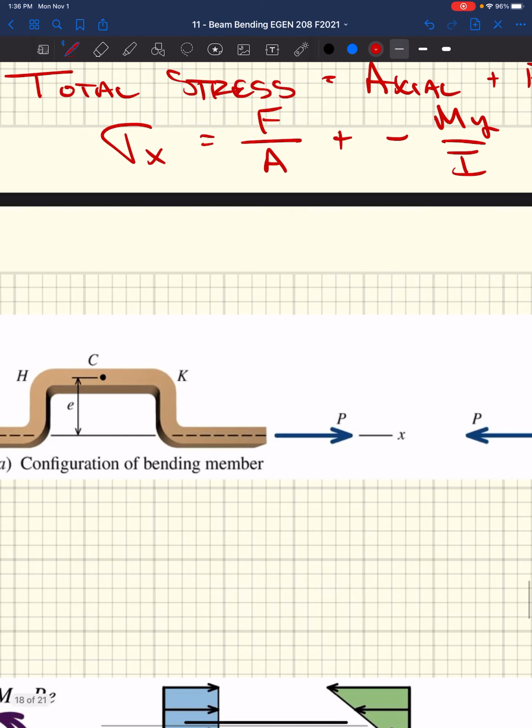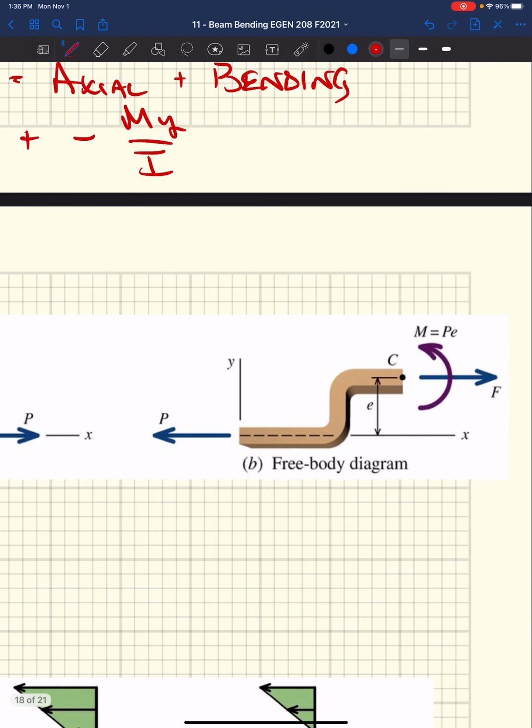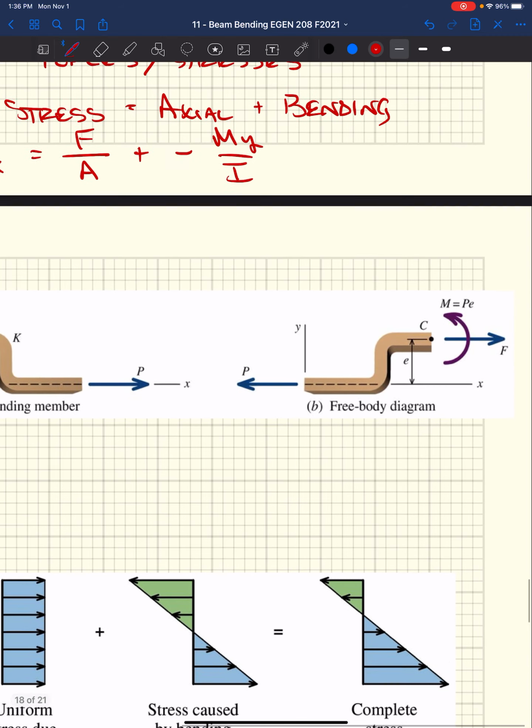If we took a cut at that member, right, and drew a free body diagram at the cut, we would have to have some internal moment that's resisting the fact that one of these forces is now eccentric to the cut, right? And that moment would have a magnitude of the axial force times that eccentricity, P times e. And then we would have this axial load F, right?